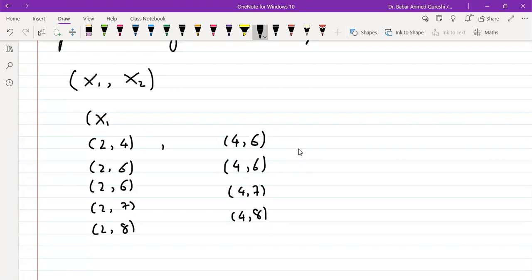I just want to do everything by hand today so that it's clear, and very soon we will be moving to R. Now I have exhausted the list where I have 4s. Like I had kept 2 as the first, now I'm not going to put 2 in the second column because the order doesn't matter. Now I have 6, 6, 6, 7, and 6, 8.